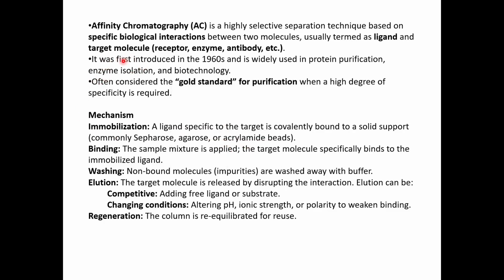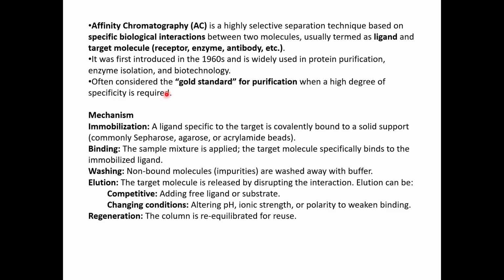So it was first introduced in the 1960s and is widely used in protein purification, enzyme isolation, and in various other biotechnology aspects. It is often considered to be the gold standard for purification because it is highly specific.